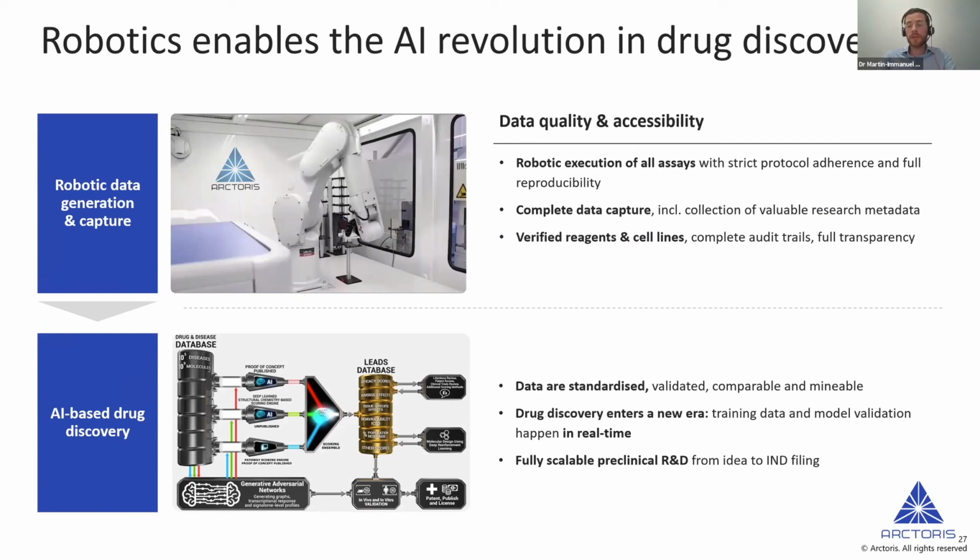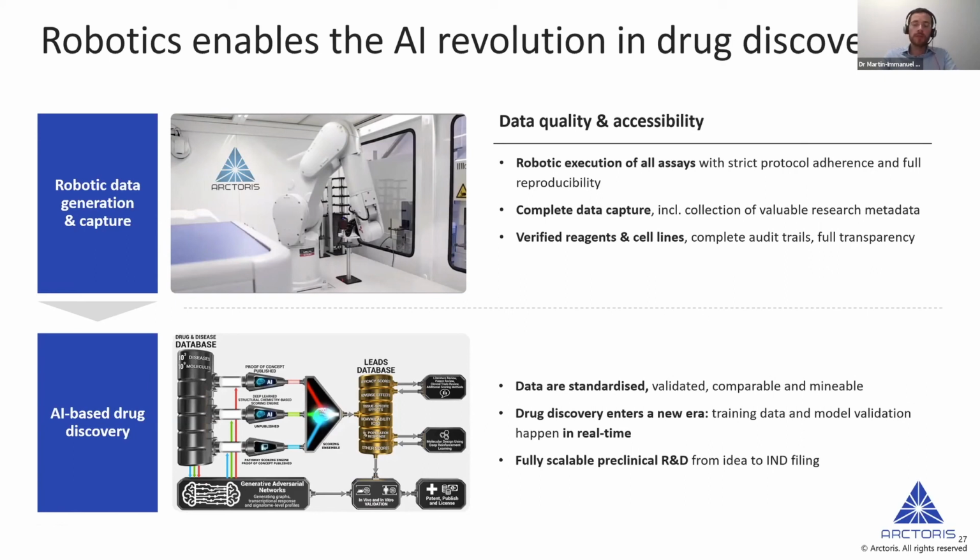And we know that anything which goes in and anything which comes out is trusted, validated, and audited. In other words, we're arriving at very rich and very valuable data sets. And those are, again, validated, comparable to one another, and mineable.